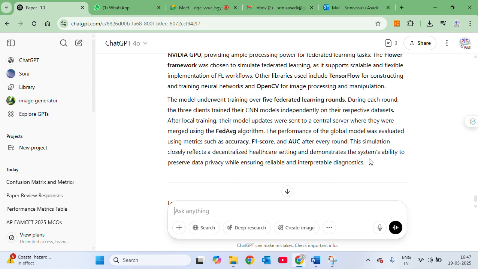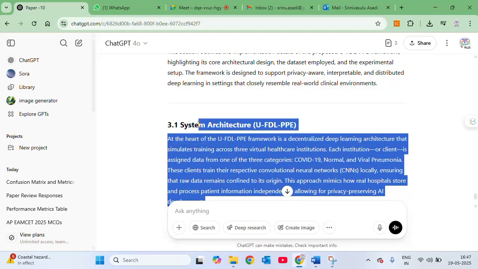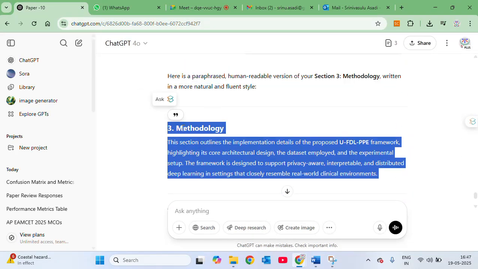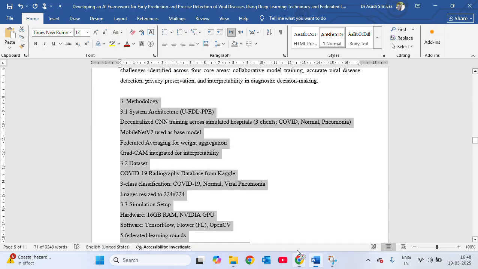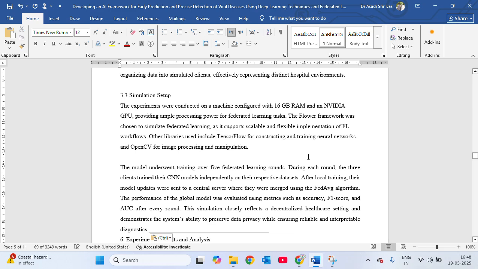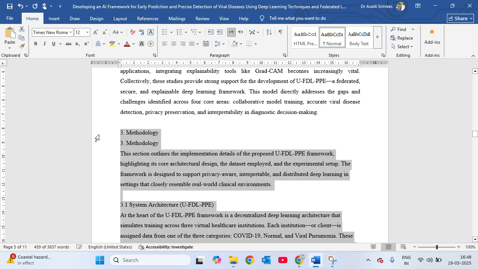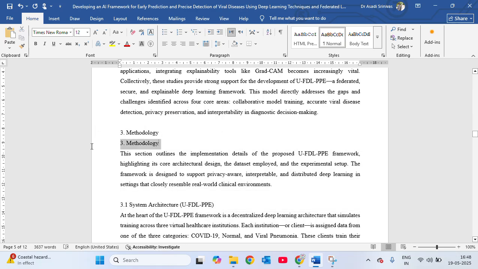Yeah, excellent. Now we need to copy this one and paste it in our original paper. So now third side heading we have completed.